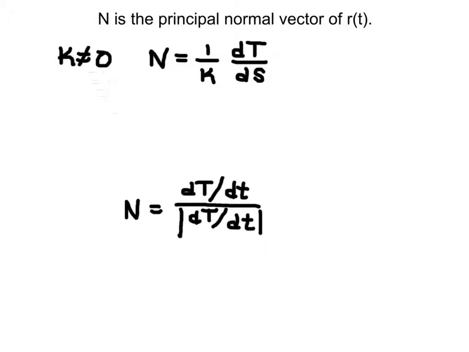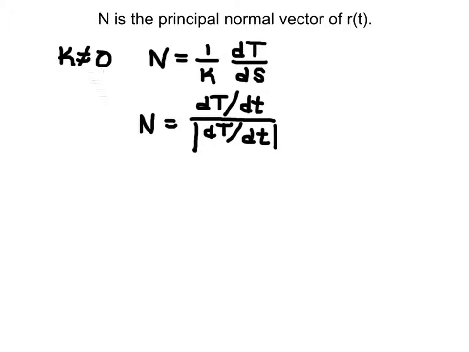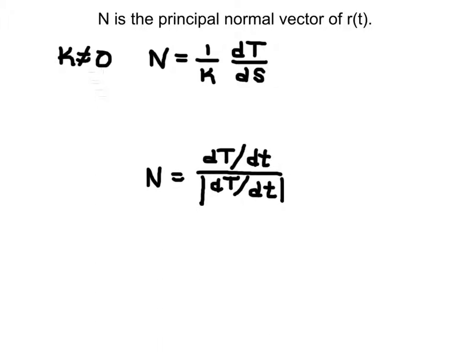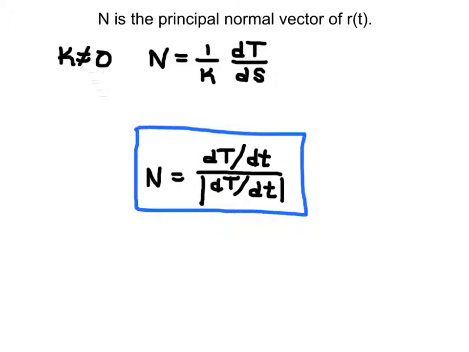Let's move that up. Actually, why don't we center these on the page here? This is the formula that we want right here. So this is the formula that we'll use to find the principal unit normal vector.